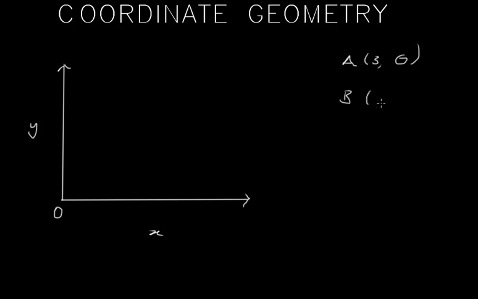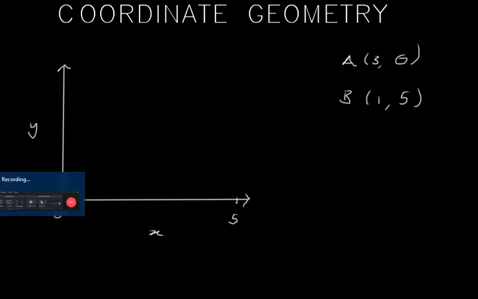Whilst point B is 1, 5. So firstly, let's identify the points A and B. In the x-axis, the highest value that we have is 3, and the least value is 1. So our x-axis can go as far as 5. So we'll have 5 there.